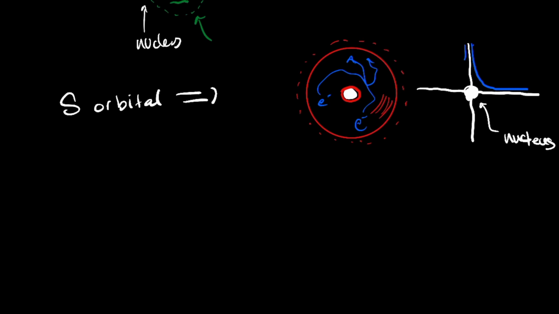Again, asymptotically. So there would be the probability, and this is your distance from the nucleus. We'll just call those d, right? And the probability of finding an electron is related in here. Okay, so the higher it is, the more likely you're going to find the electron.